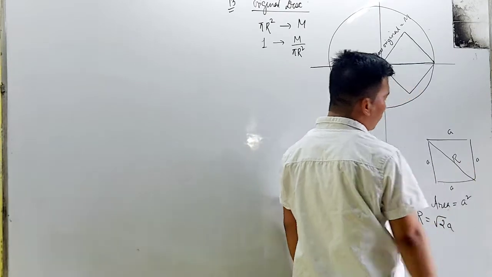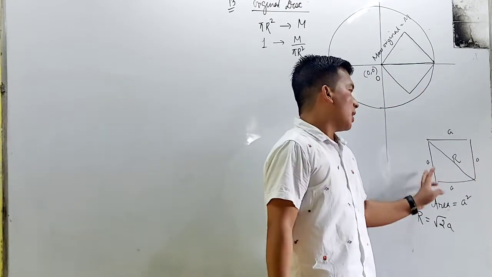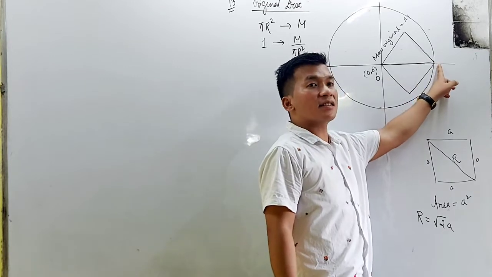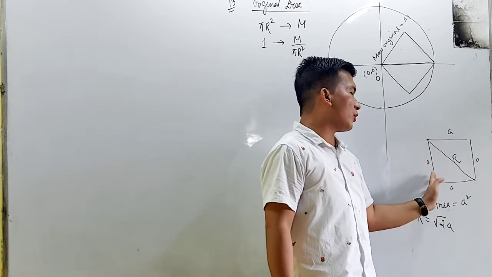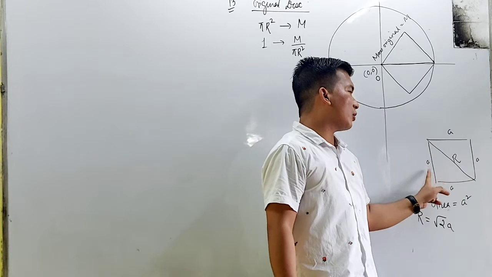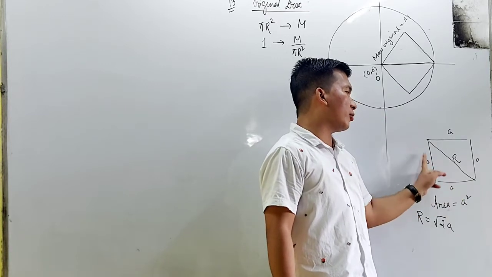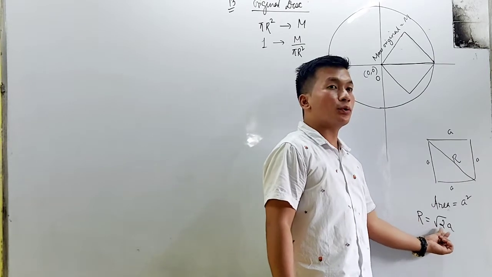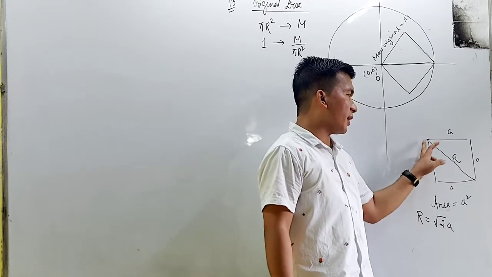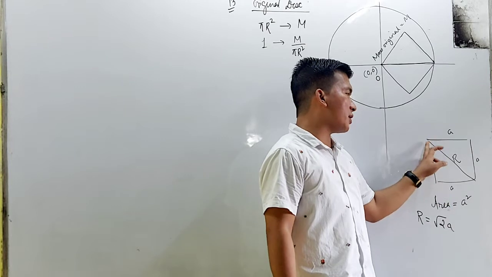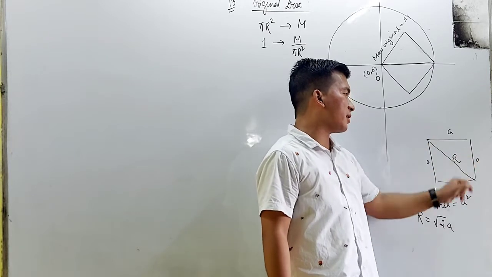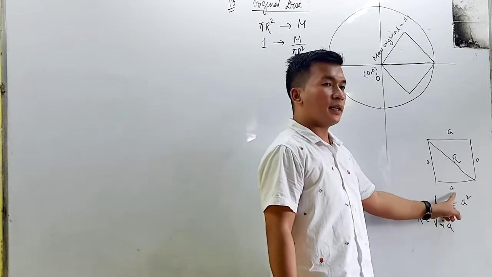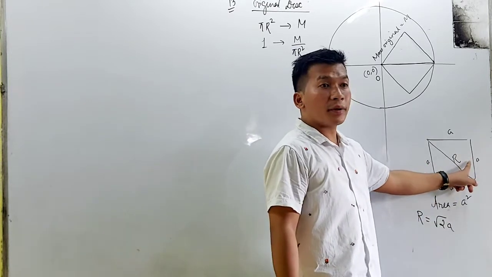Is there any doubt over here? From here to here, this is the radius r. In order to find the length of the side of the square, we compare radius r with root 2 a. If we consider the side of the square to be a, then by Pythagoras theorem, a square plus a square will be equal to r square.